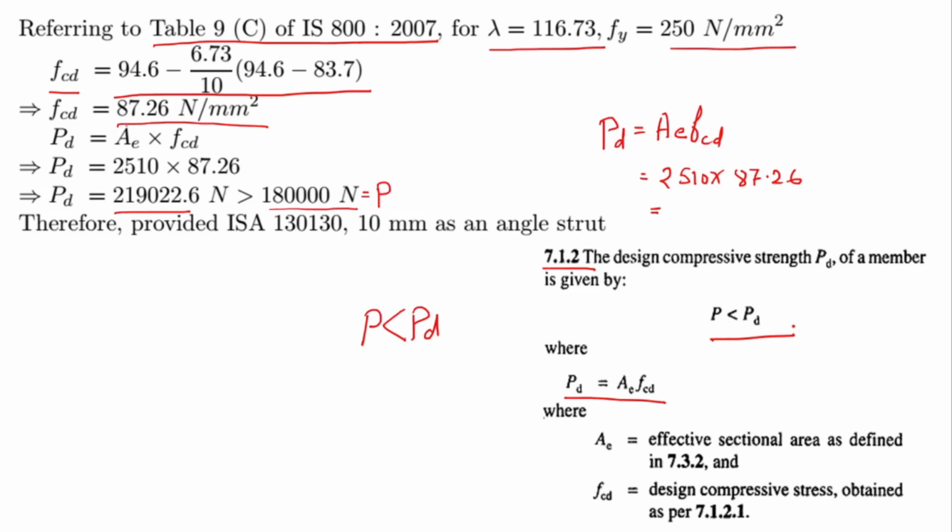Hence our design is safe. Therefore we provide ISA 130, 130, 10 mm as an angle strut. So this is all about the design of the angle strut for the given factored load.